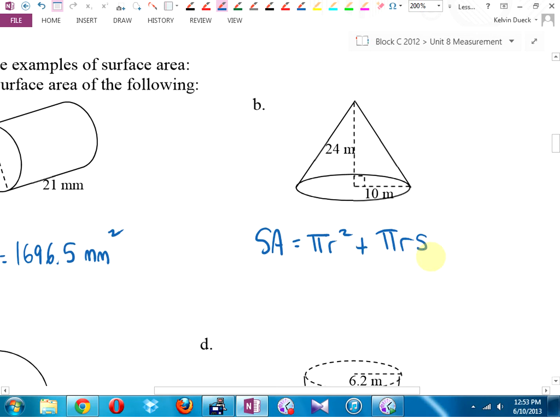Do I know S? Oh, I love, did you hear him? He didn't say no, he said not yet. Because S is that there. Not a 2. S is that there. Oh, I can go Pythagoras, can't I?